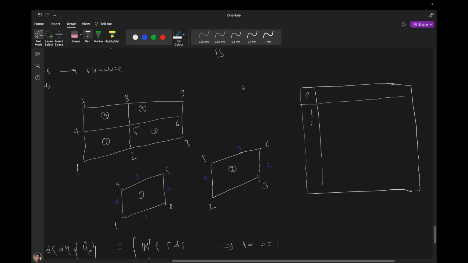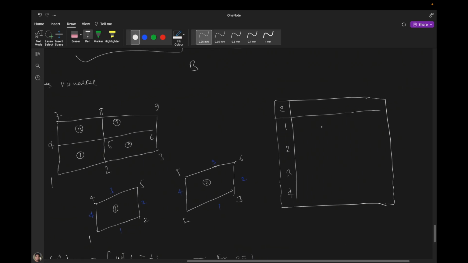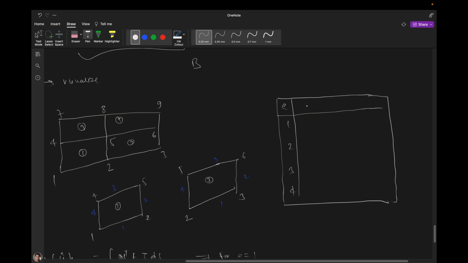Suppose we are using 4 elements, 1, 2, 3 and 4. For the 4 elements, we have numbered the edges as bottom edge, then right edge, then top edge and then left edge.